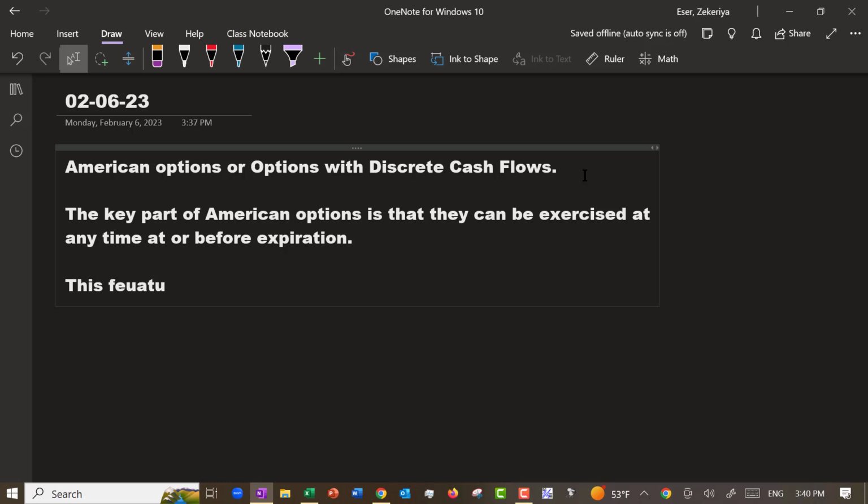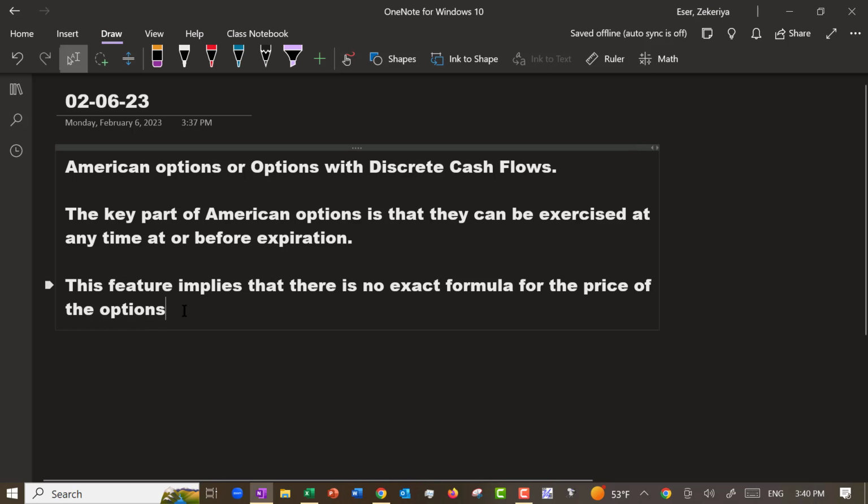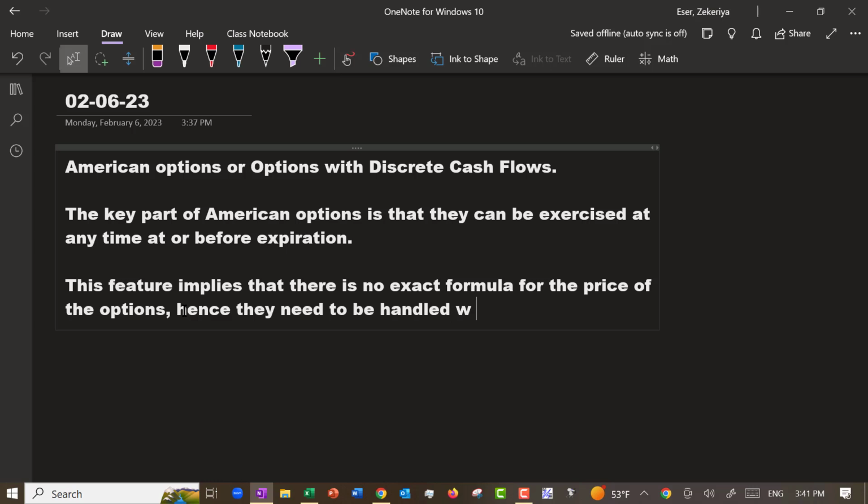This feature implies that there is no exact formula for the price of the options. Hence, they need to be handled with numerical methods.